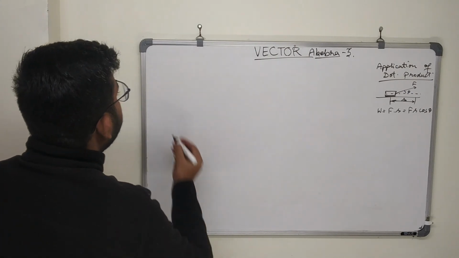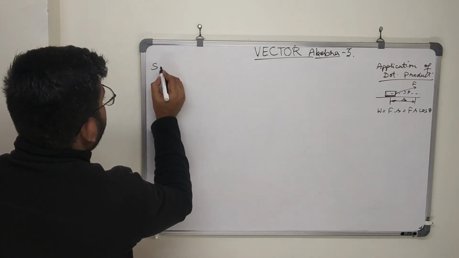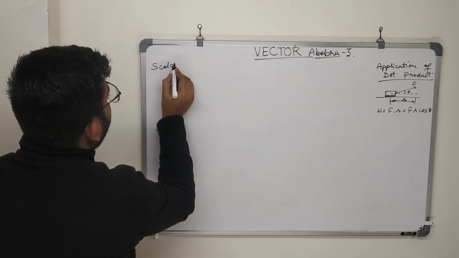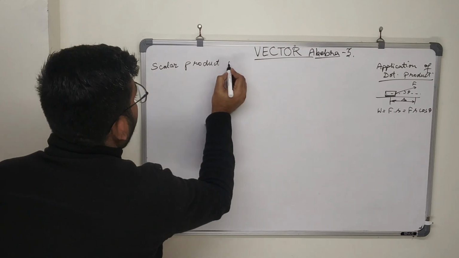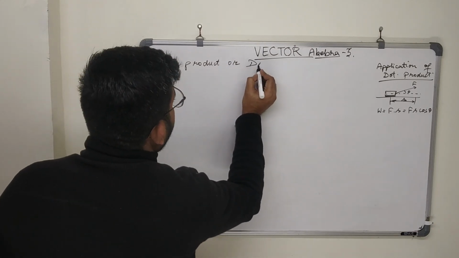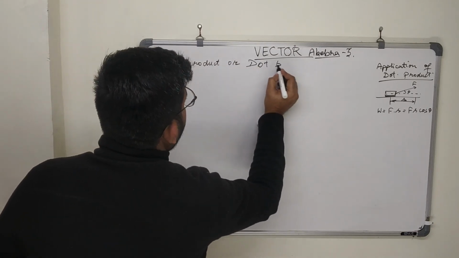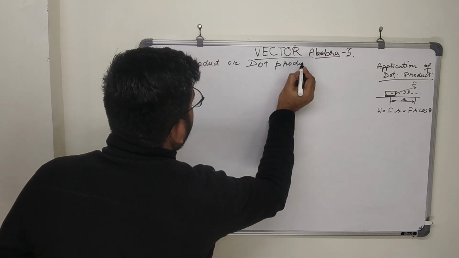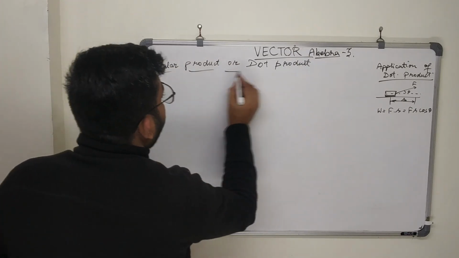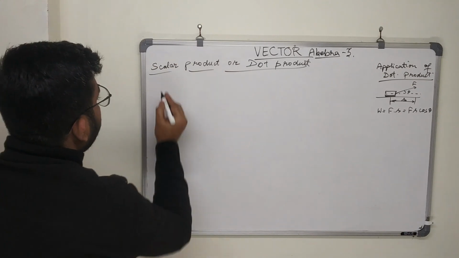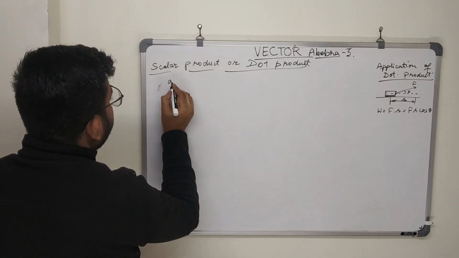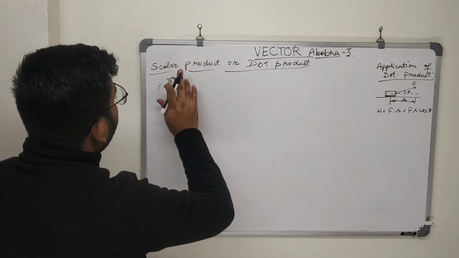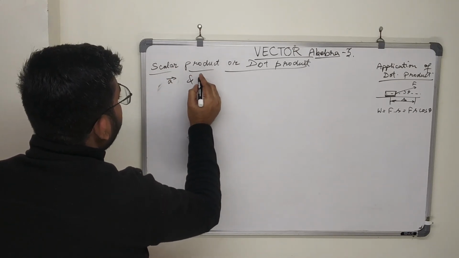So now the heading is scalar or dot product. Scalar product or dot product. Suppose that there is a vector A vector, and there is one more vector, that is B vector.